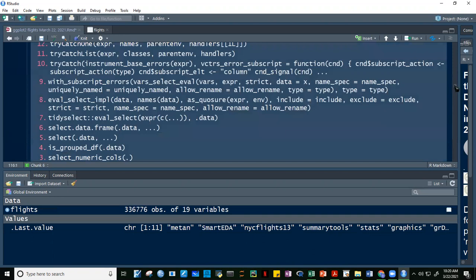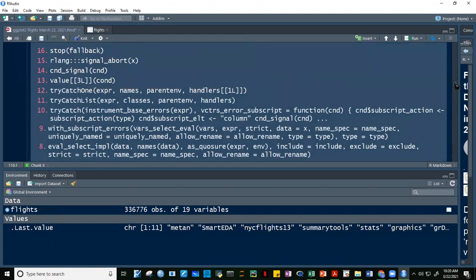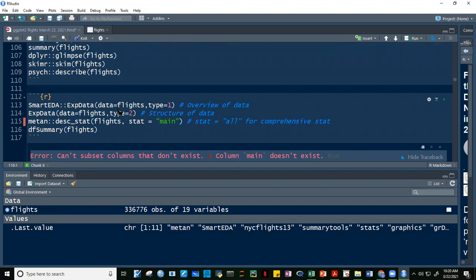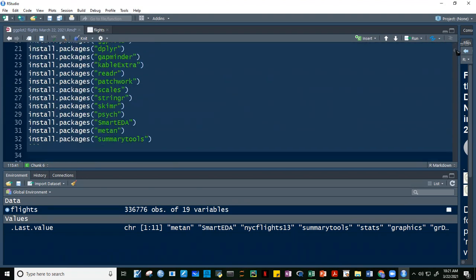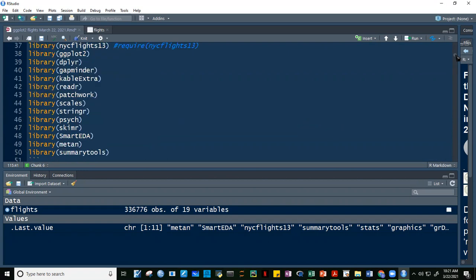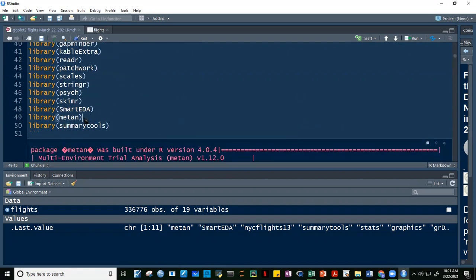May error ako. Nag-run ba sa inyo, guys? Descriptive stats. Na-install nyo na ba yung Metan, guys?